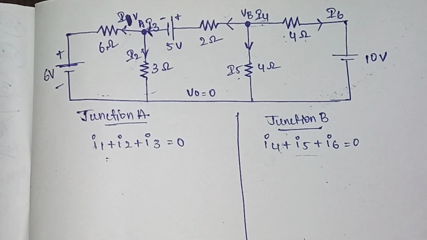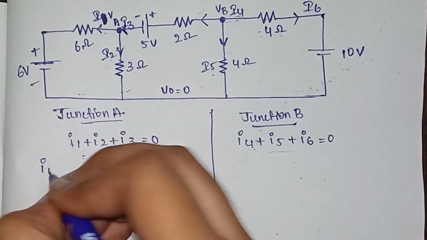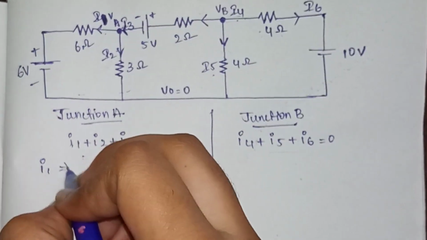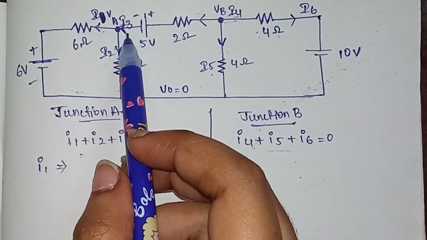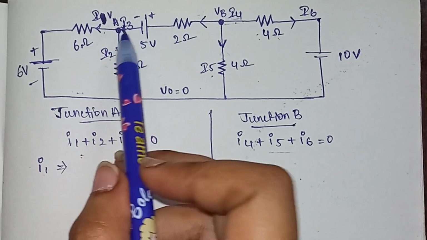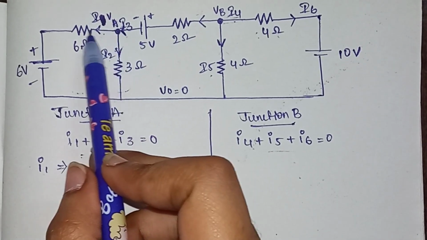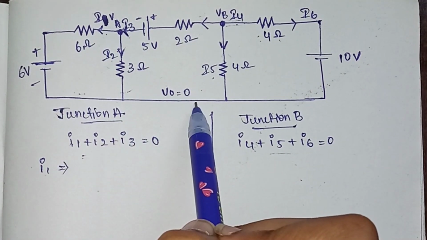So first let us consider this case. Now in junction A, we need to find out I1, I2 and I3. How we will find out I1 first of all? If we consider the case of I1, this is the VA. So always current flows from higher potential to lower potential, means the current flows from this direction to this and it goes to V0.